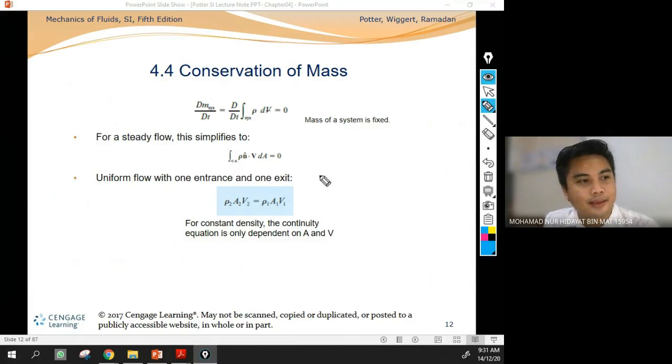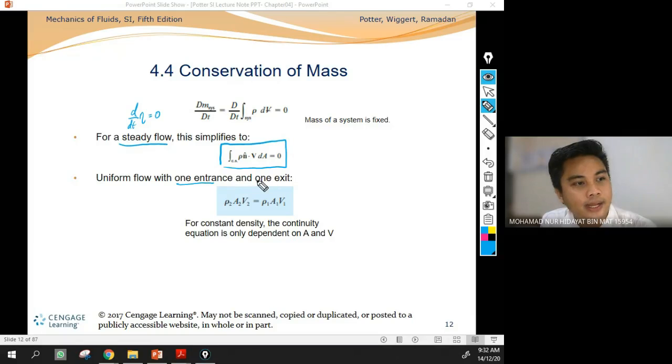Okay. Remember that this step is the simplification of steady flow, which is the change with time equal to 0. For example, we have one entrance and one exit.